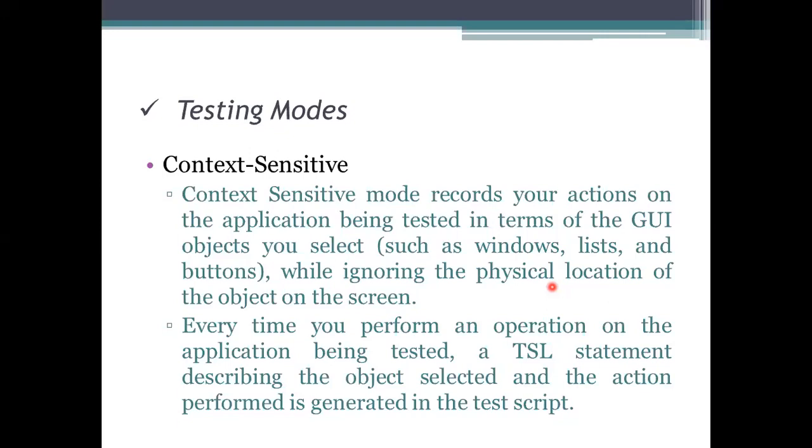For each and every action, we need to provide a unique description. The unique description you provide is given to this object, and this helps the GUI mapping. The GUI map maintains the files of these test scripts separately.